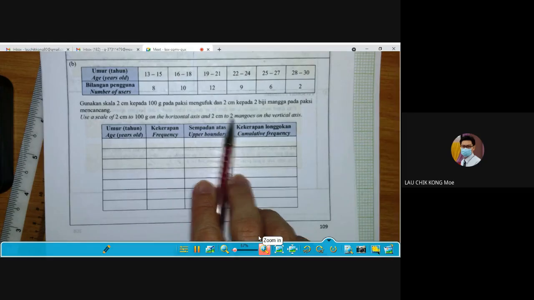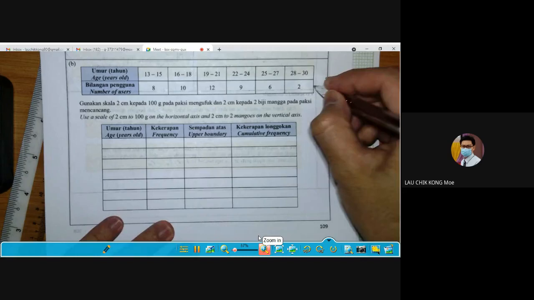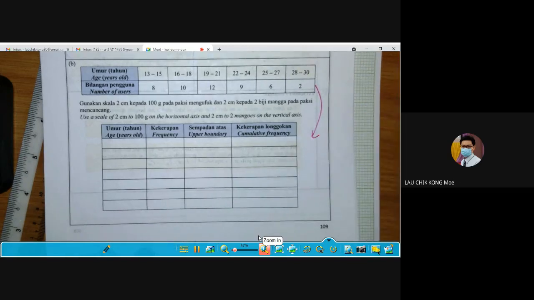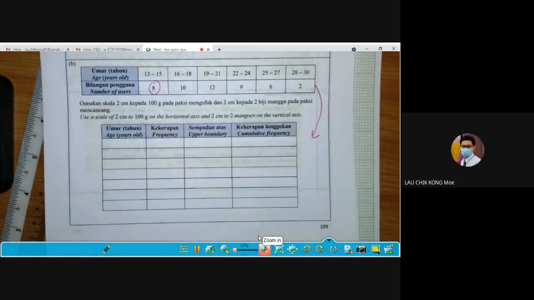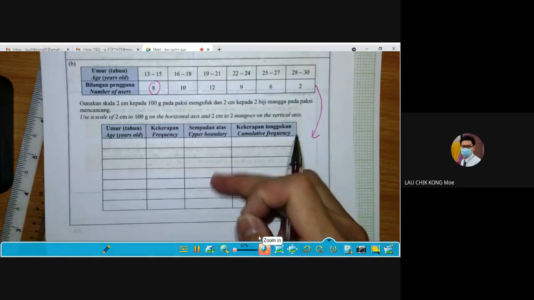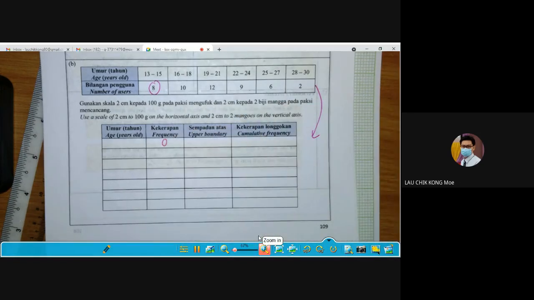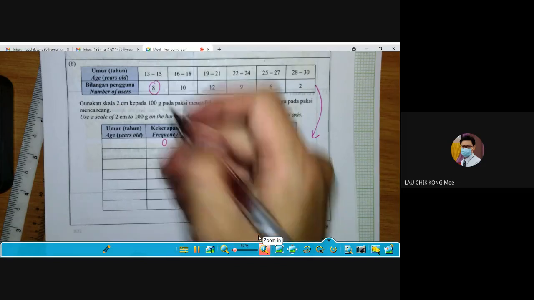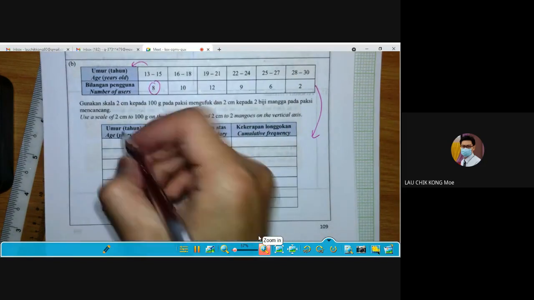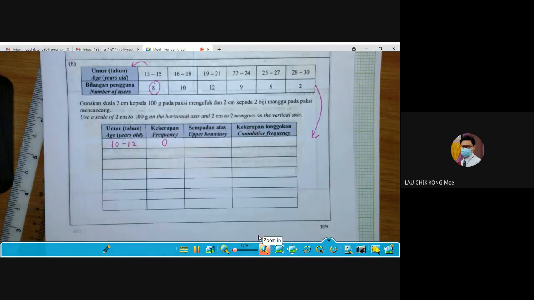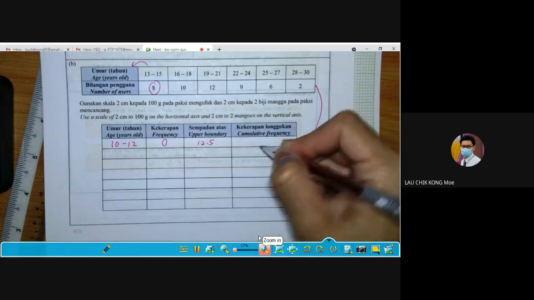So first of all, you try to convert the first table into the second table. But if you look at the frequency, it starts from 8, right? So maybe, is it enough? Yeah, enough. So we need to start the frequency from 0 lah. So we need to add one class before that. So this is 10 to 12 lah, and then upper boundary is 12.5, cumulative 0.